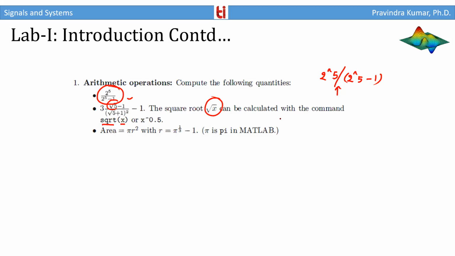So for this, you can write the command 3 into sqrt 5 minus 1 and divide by sqrt 5 plus 1, whole square minus 1. Using this, you can find out your answer. So like this.